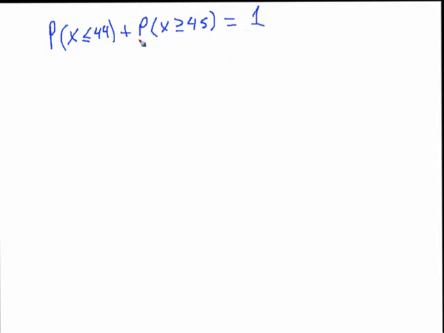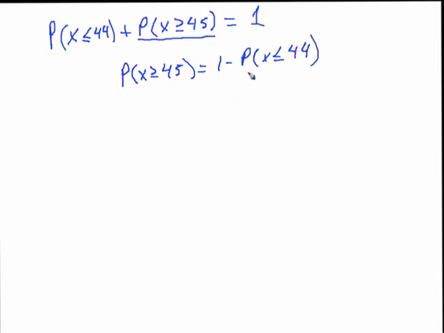So the one we want is this one. So to get that, we're going to solve this equation for that. So the binomial probability of X being greater than or equal to 45 is equal to 1 minus the probability of X being less than or equal to 44.